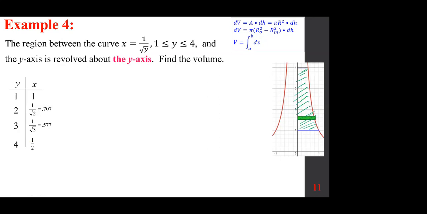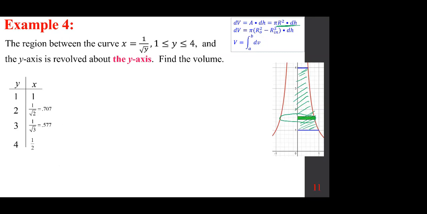So this is the typical piece that we pick, a rectangular strip which is a horizontal one, and we go around the y-axis. When we do that, this will create a disk, everybody. This disk, we need to know the following. Take a look.